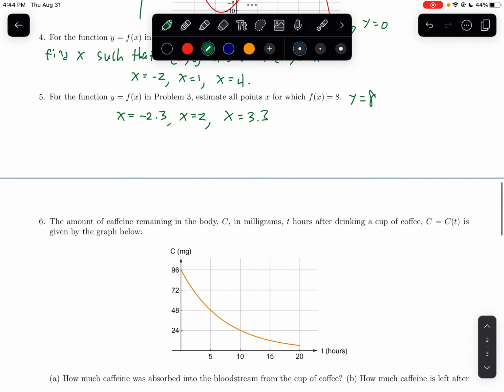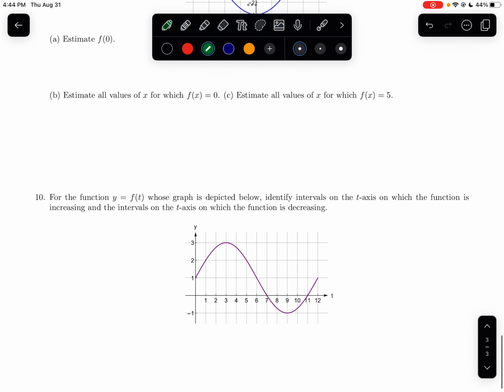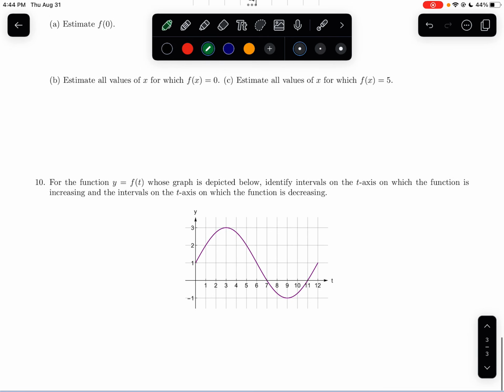Okay, and we're going to go all the way down to the last question. So for this function, you're asked to identify the intervals where the function is increasing and the intervals where the function is decreasing. So remember that these intervals are values for the input variable.